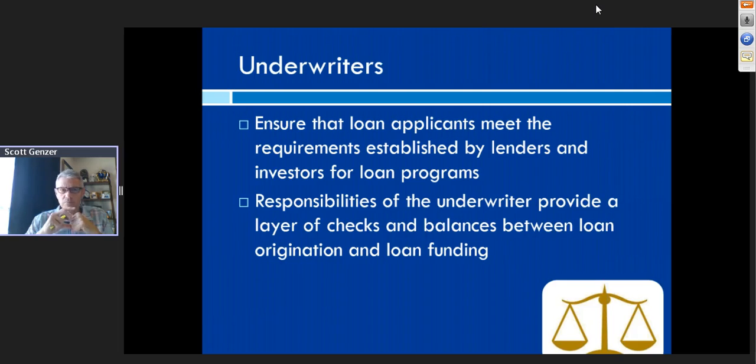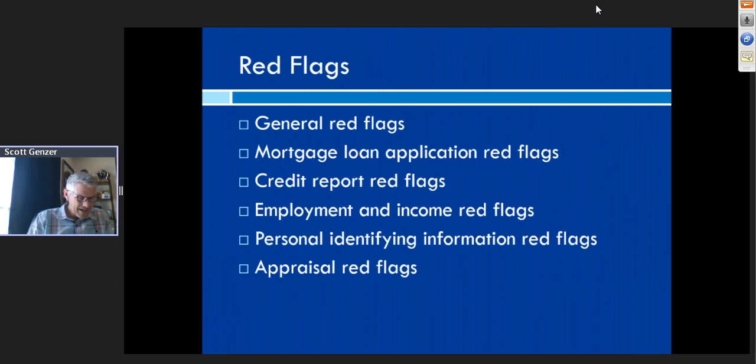Thank you, Robert. An underwriter is the last line of checks and balances between origination and funding, and that loan going to the secondary market where it could cause issues. And there are red flags here. Again, underwriting red flags. General red flags: mortgage application, credit report, employment and income, identification, and appraisal red flags.